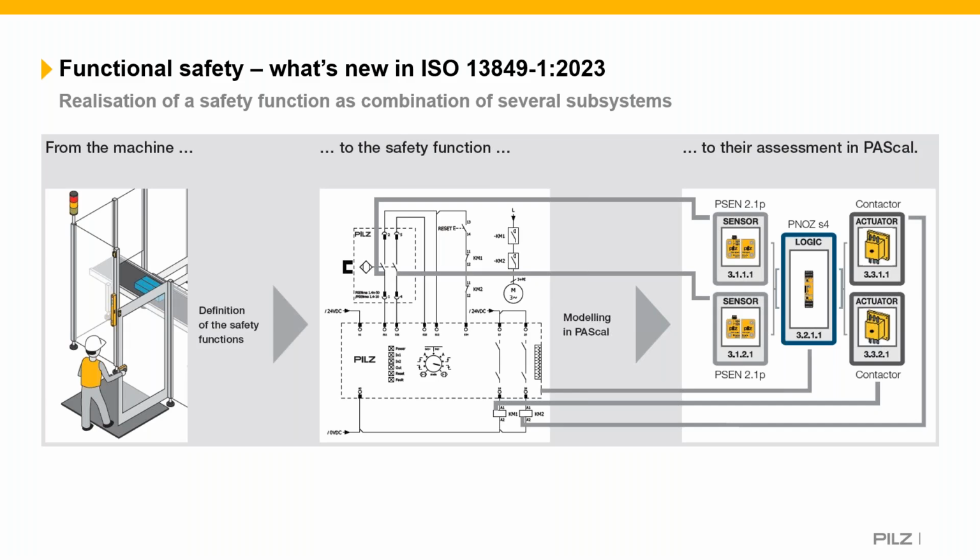But each safety function is realized as a combination of several, either previously validated subsystems through the subsystem manufacturer, or designs a new subsystem by the machine builder. So Pilz components would be essentially validated as the manufacturer, so our sensors and logic devices. And this is how it would be modelled also in Pascal as a system.